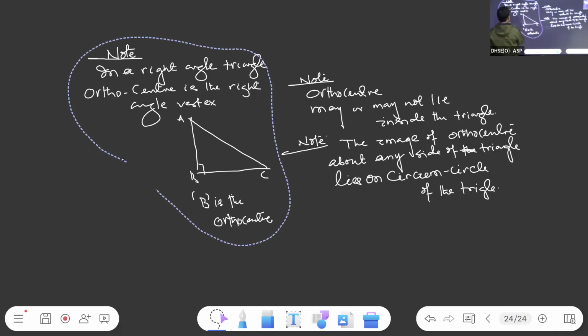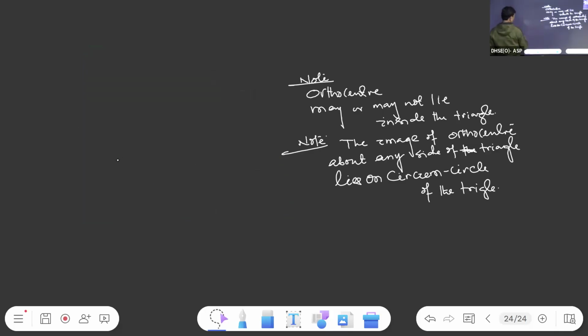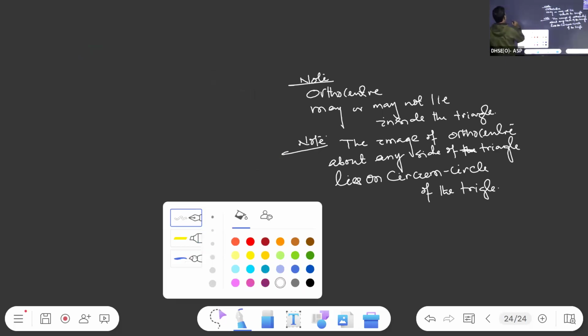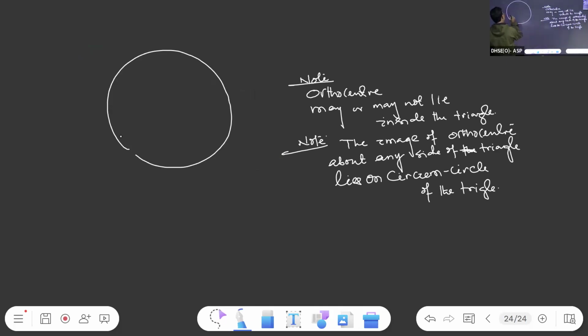Let me explain it with the figure. The triangle ABC. This circle is the circumcircle of the triangle ABC. Let H be the orthocenter. If you reflect the orthocenter on side BC, its mirror image will be on the circumcircle, H dash.